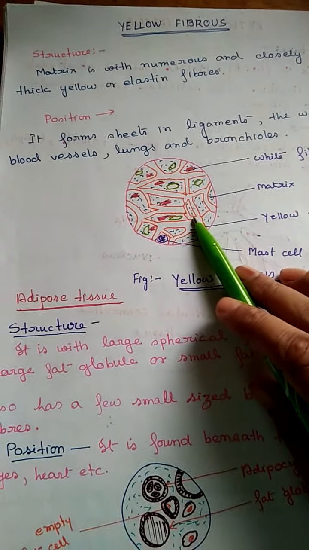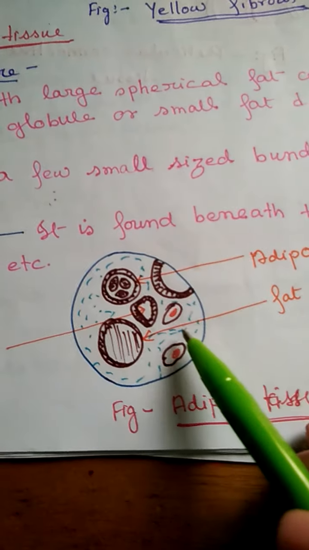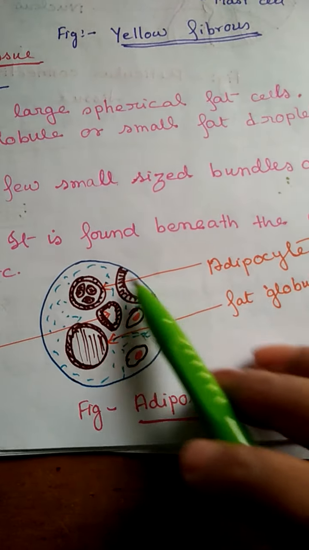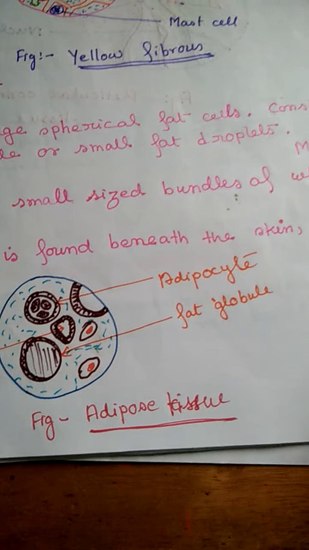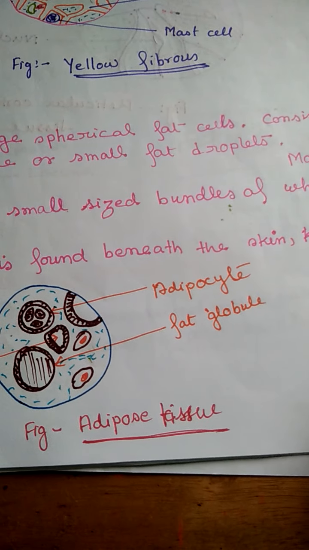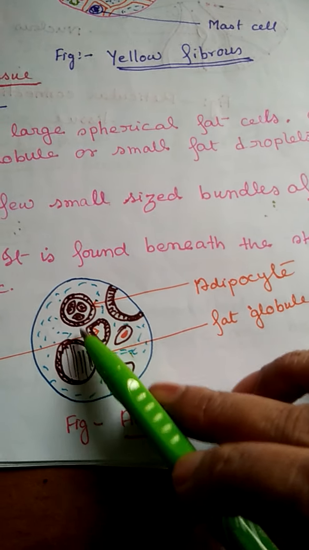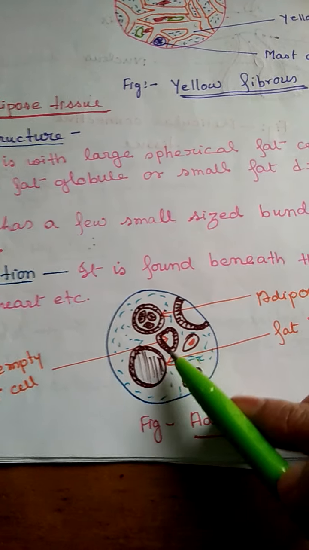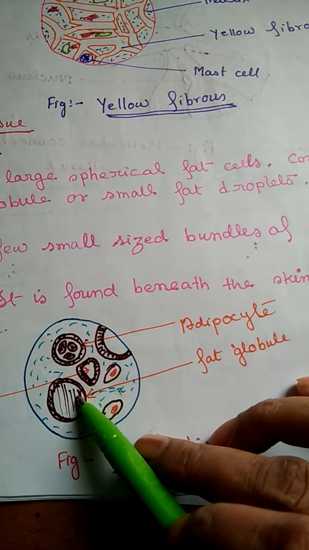The next one is adipose tissue. See the structure: it has large spherical fat cells, consisting of large fat globules. These are the fat globules. This one is an empty fat cell, but this one is not empty; inside it, fat globules are present.